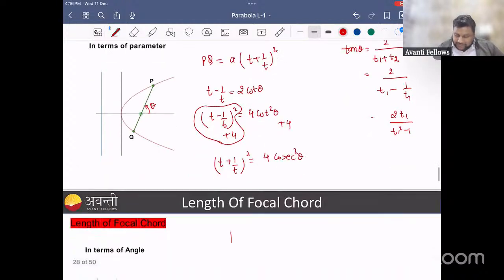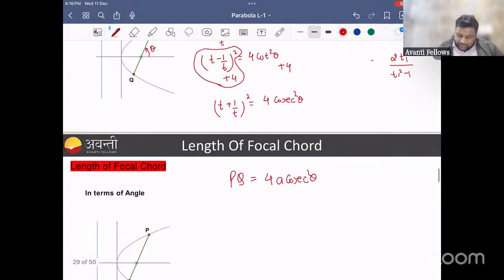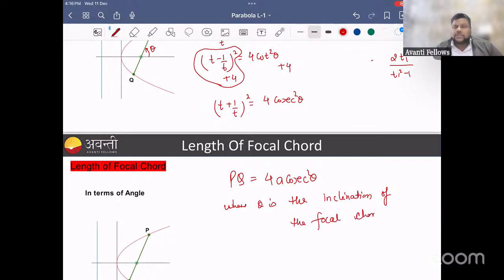That means this PQ length is 4a cosec square theta, where theta is the inclination of the focal chord. Got it?